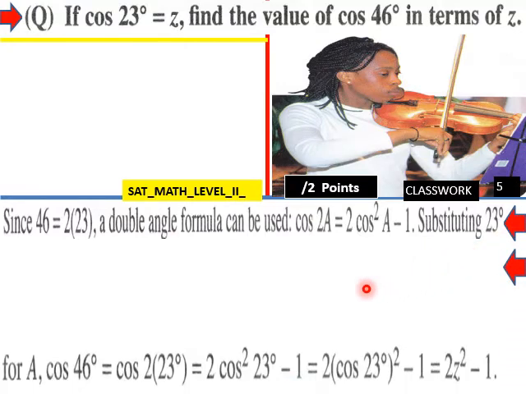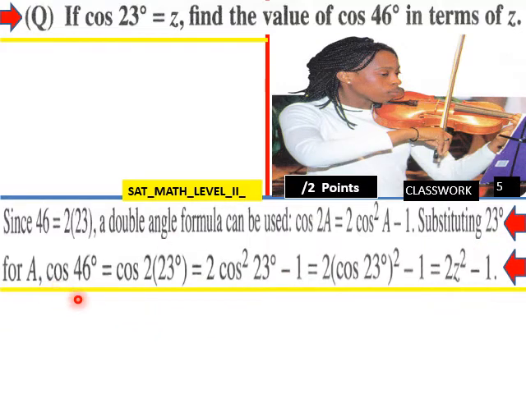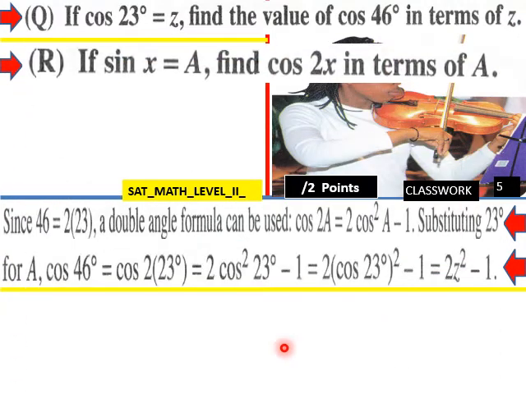Substituting 23 degrees for a, cosine 46 equals cosine 2 times 23 degrees equals 2 times cosine squared 23 degrees minus 1. That becomes 2 times z squared minus 1, in terms of z.